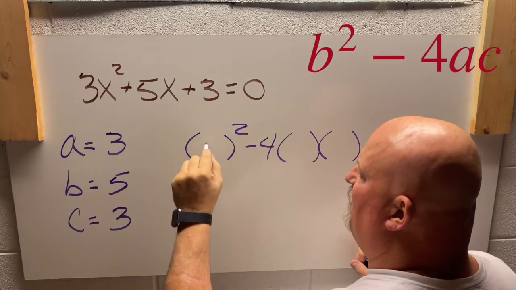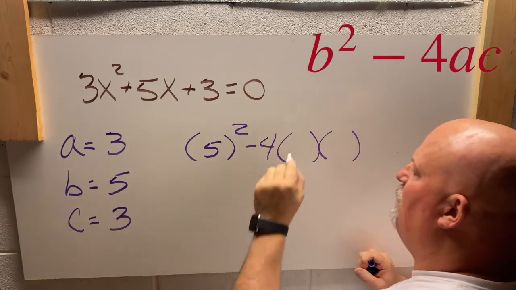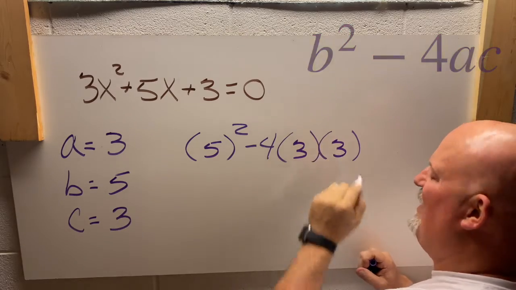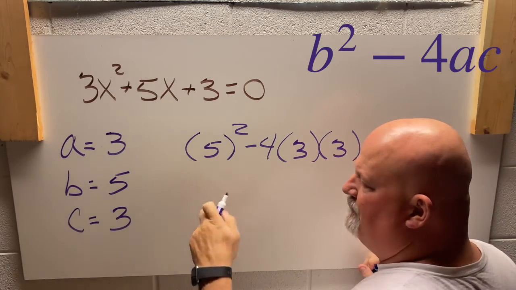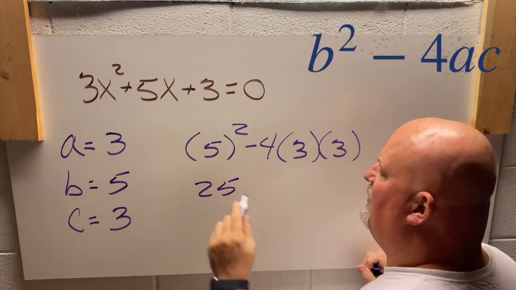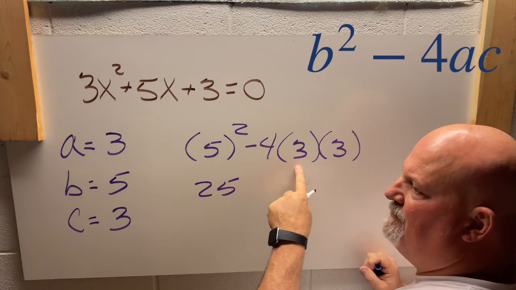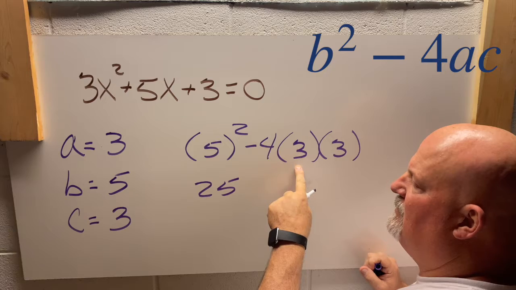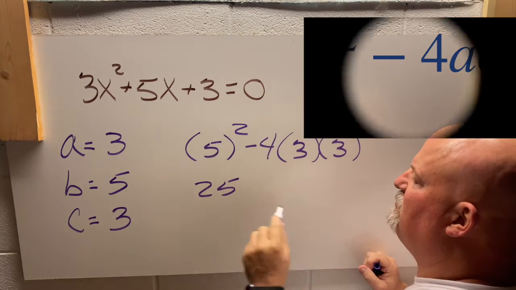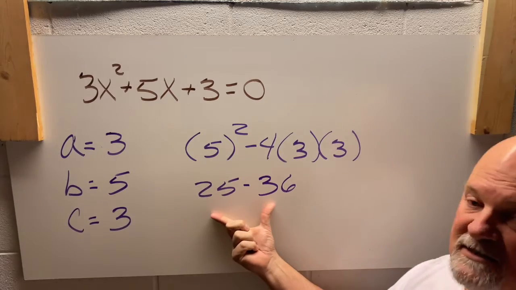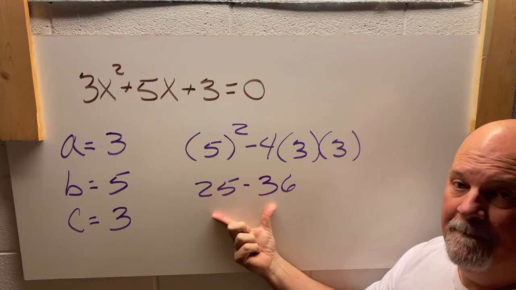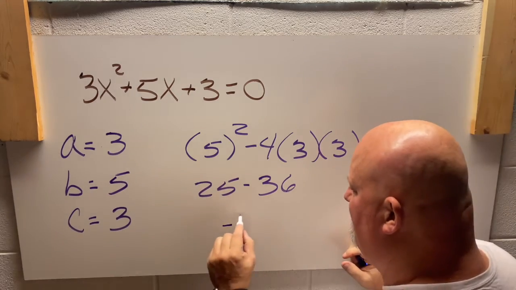Okay, so we put 5 in for b, 3 in for a, and 3 in for c. 5 squared, what's 5 squared? 25. Negative 4 times 3, negative 12. Negative 12 times 3 is negative 36. When I solve this, what do I get? Yep, I get negative 11.